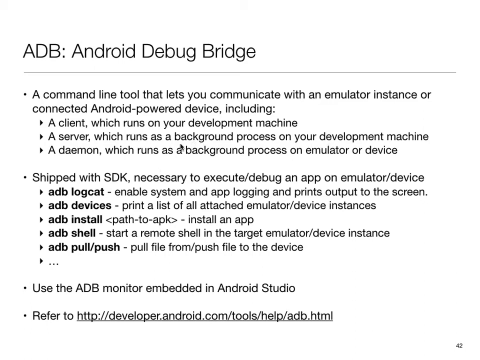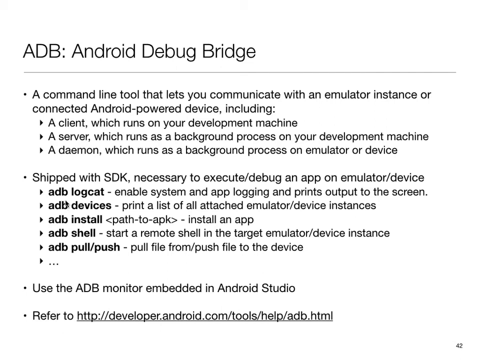There's a daemon that runs on your device, or emulator device, that communicates with it. It's shipped with the development environment, so you should have it. It's just that sometimes I've seen on Windows, especially older versions of Windows, it struggles to find ADB.